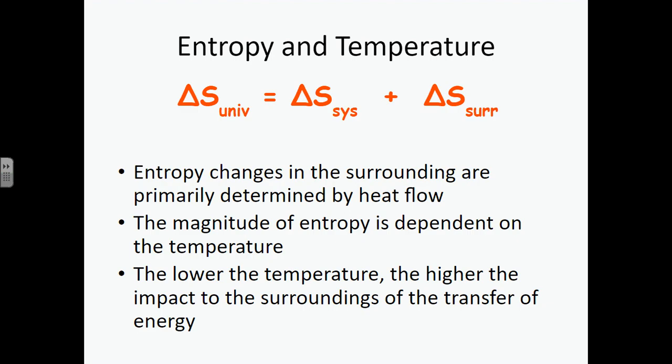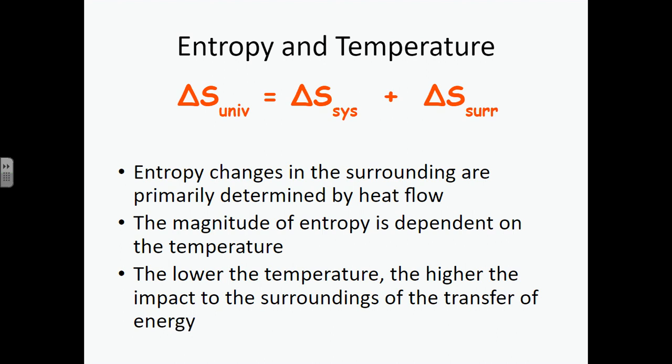Now, going back to that formula that I mentioned before when we're talking about entropy of the universe, you can measure the changes in entropy of the surroundings by looking at how the heat flows. Now, the magnitude of entropy is definitely dependent on temperature. So when you change the temperature, you will affect the entropic value and therefore consequently affect the entropy of the surroundings.